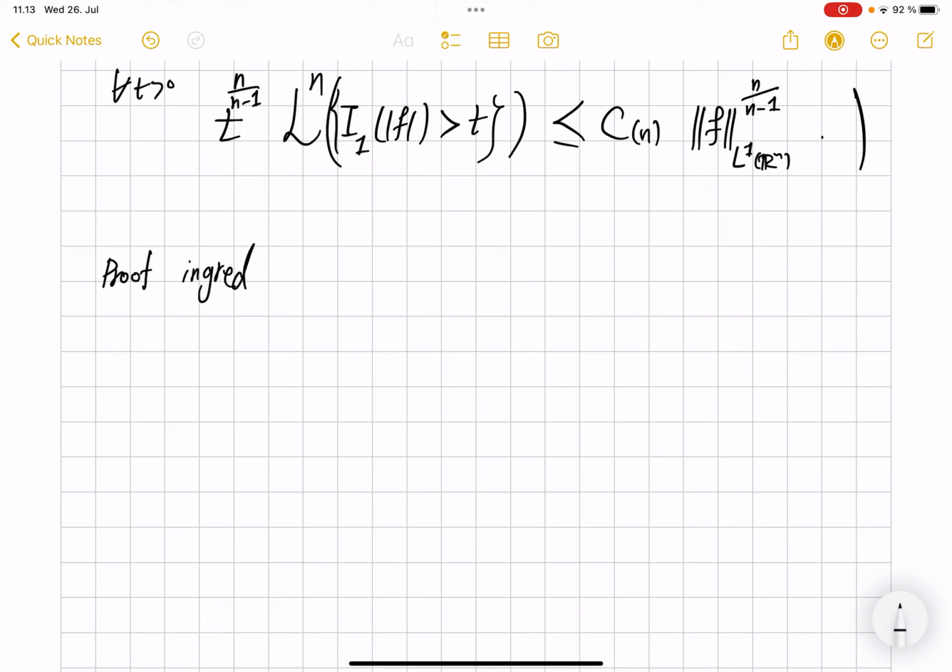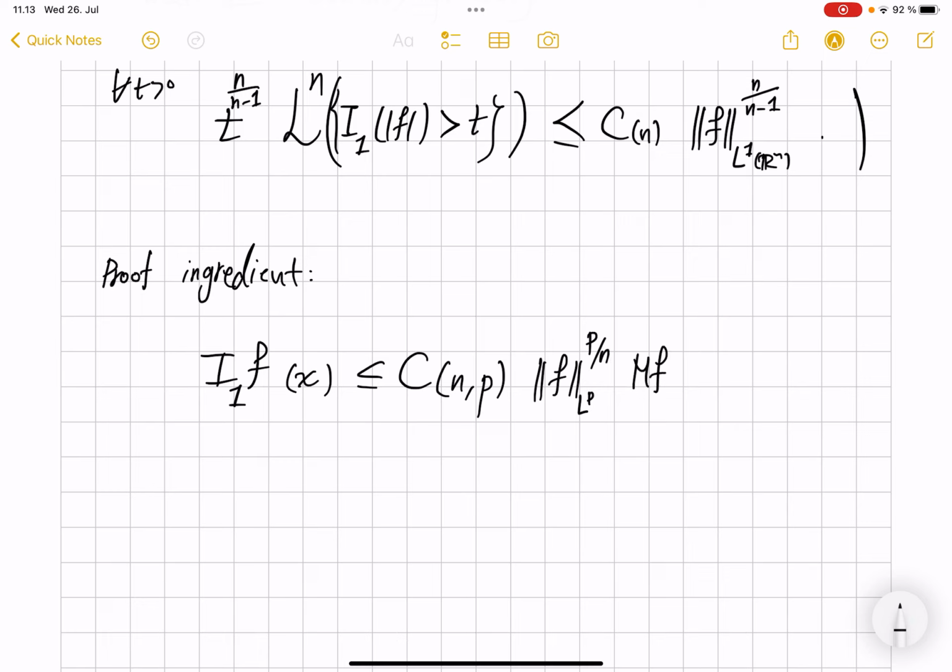Let's say the proof ingredient, and a very useful inequality in itself, is that the Riesz potential of f at every point x is bounded by some constant which depends only on n and p, times the LP norm of f to the power p over n, times the maximal function of f evaluated at x to the power 1 minus p over n.